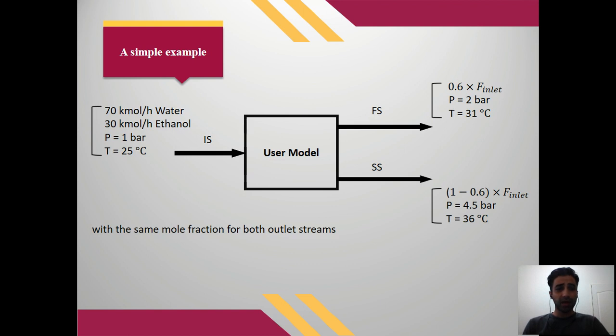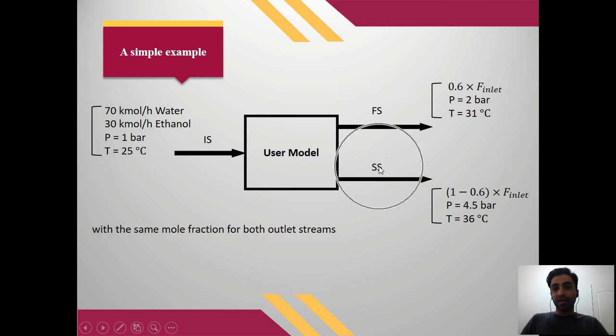Here I have provided a simple example to make sure that these three software are able to dynamically exchange data. The molar flow of the inlet stream is given for two different components, water and ethanol, with a specified pressure and temperature.